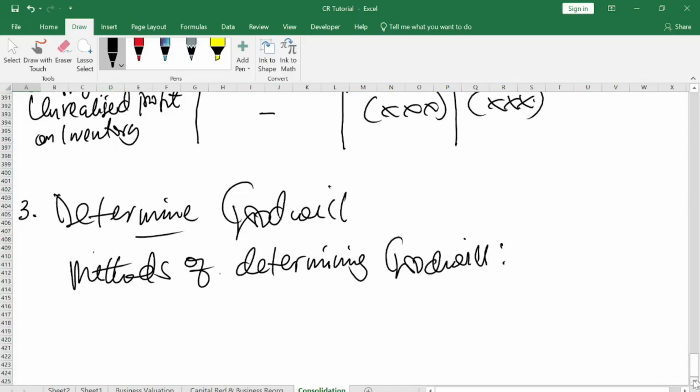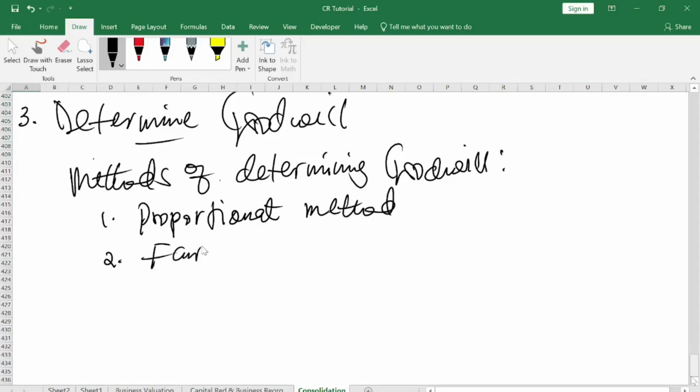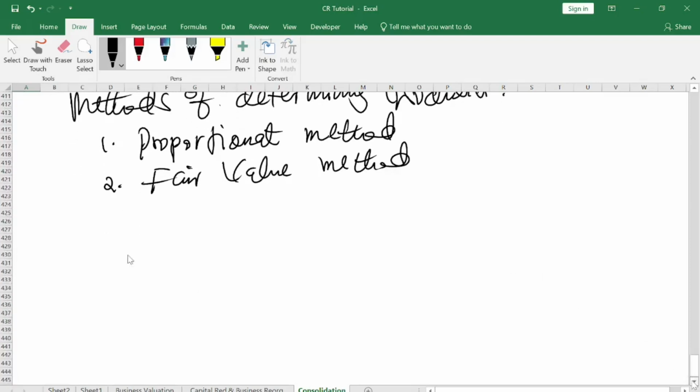One, we have what we call the proportionate method. And then we have what we call the fair value method. I'll pick them one by one.